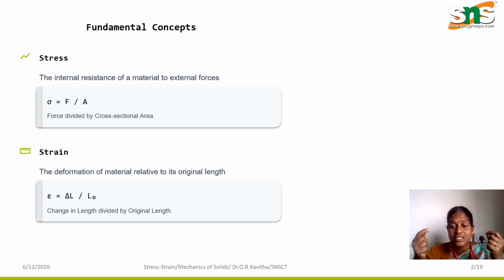This deformation relative to the original dimension is nothing but the strain. There may be an increase or decrease in length, breadth or width, depending upon the application of load and also the direction of the applied load. So it is the change in dimension relative to the original dimension.